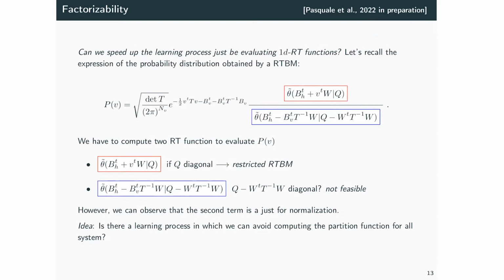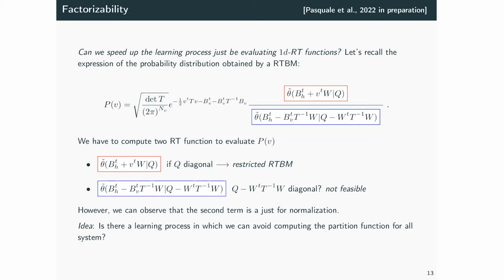But the problem is, can we actually do so with the probability expression that we have here? Here we need to compute two different Riemann theta functions: this one at the numerator and this one at the denominator. For the first term, it is quite easy to have a diagonal Q, since this is an input, if you want, of the model.